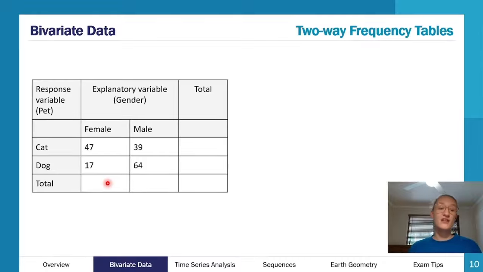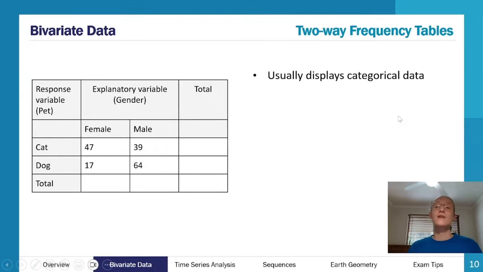What we can do is fill out the total columns. For example, to figure out the total number of females that we interviewed, we'd add these together, because the number of females that voted for cat and the number of females that voted for dog add up to the total number. Same for males, and we can also calculate it across the rows: the total number of people that voted for cat and the total number of people that voted for dog.